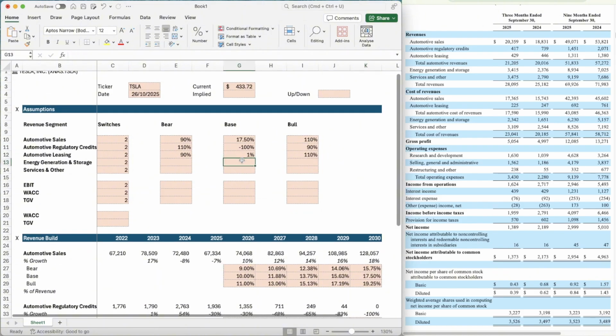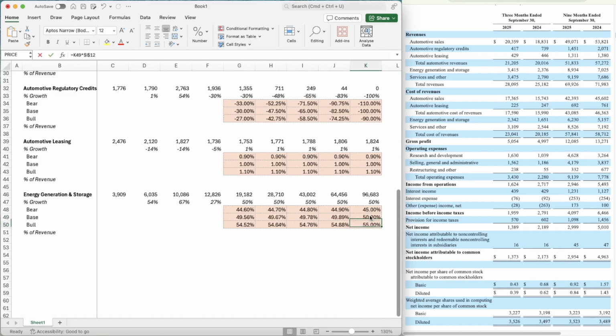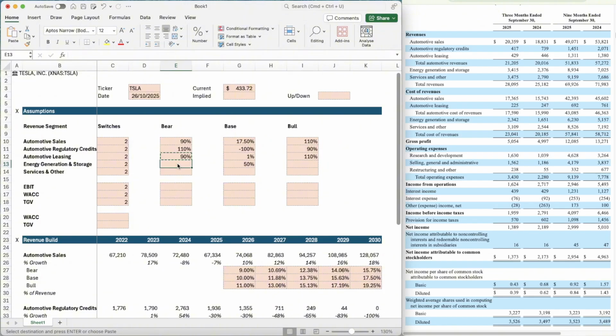Let's go. Yeah, let's give it 50%. Maybe on the downside 80, but on the bull case 110.